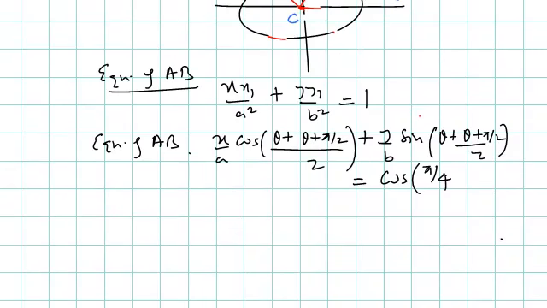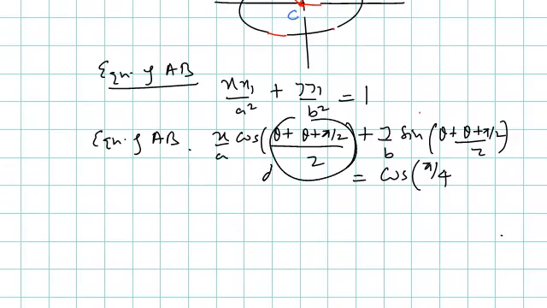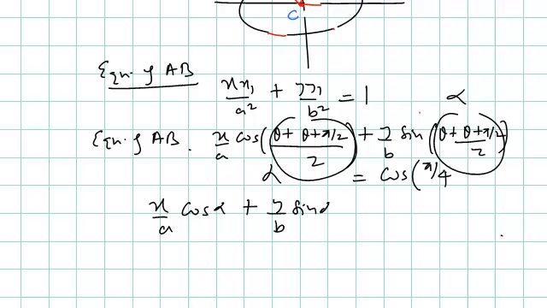So you can see I can assume this angle as alpha. It is x by a cos alpha plus y by b sin alpha equal to cos pi by 4, which is 1 by root 2.